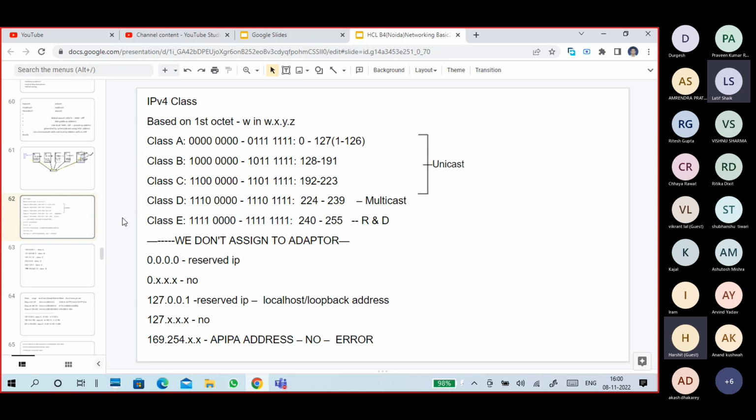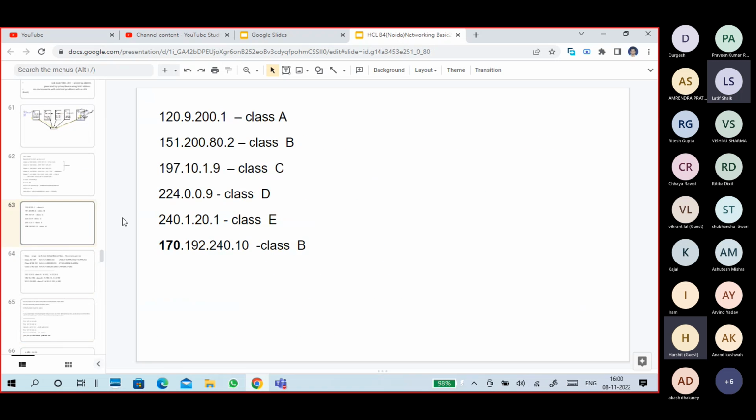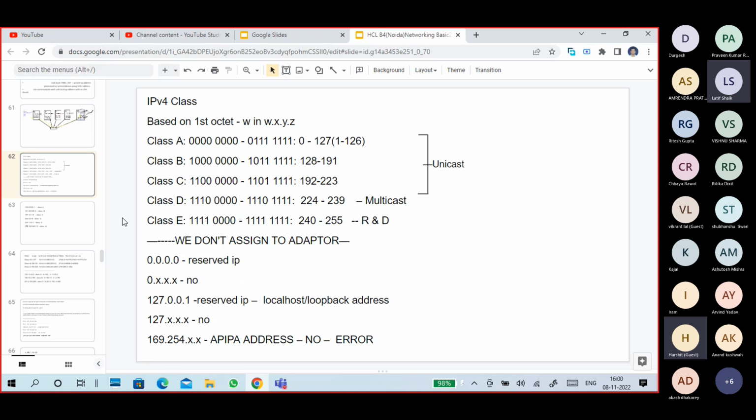So here we are with the IPv4 classes from yesterday. Yesterday I wanted to continue these parts, but no one was there, so I had to jump from there. But we didn't waste the time.